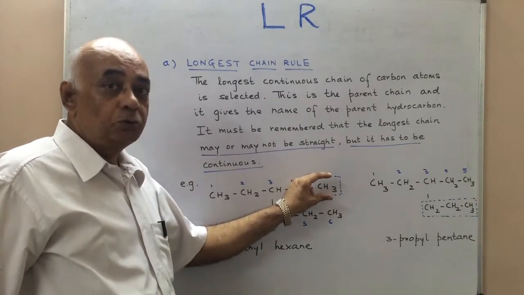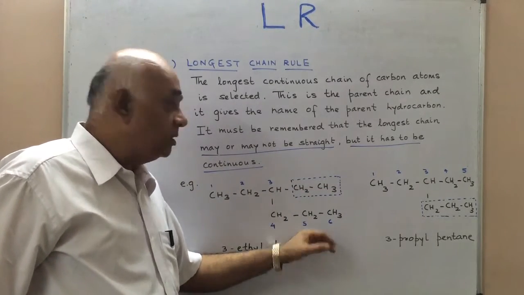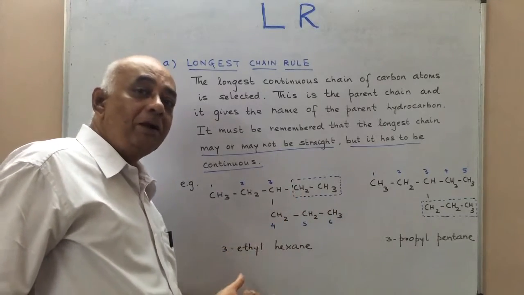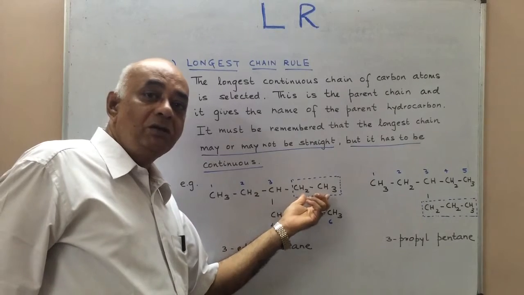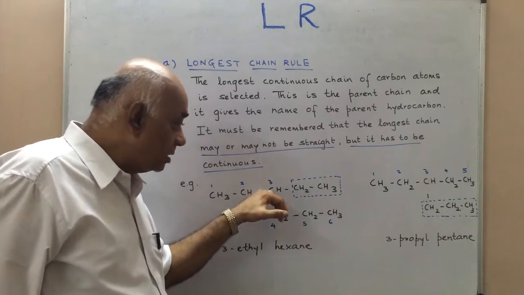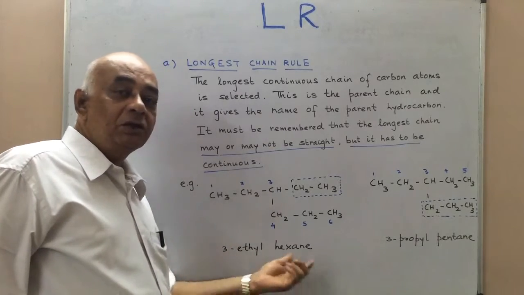Those groups which have not been formed part of this skeleton are written down as the pendant, which we had discussed earlier. In this case, the pendant happens to be an ethyl attached at the 3rd carbon atom, and hence it is called 3-ethyl hexane.